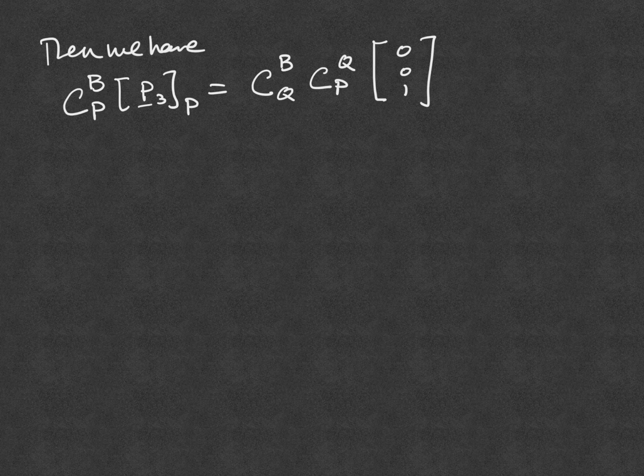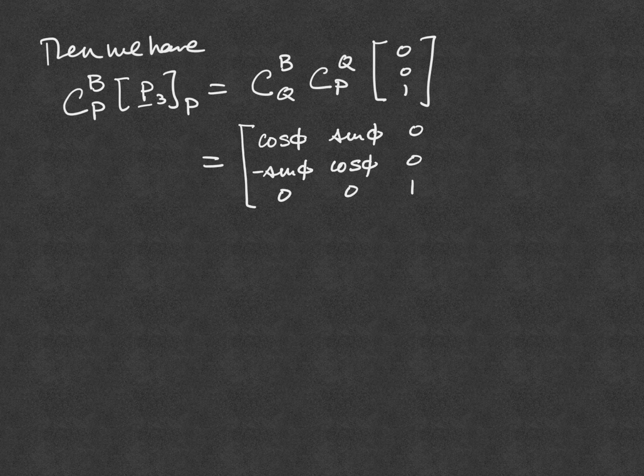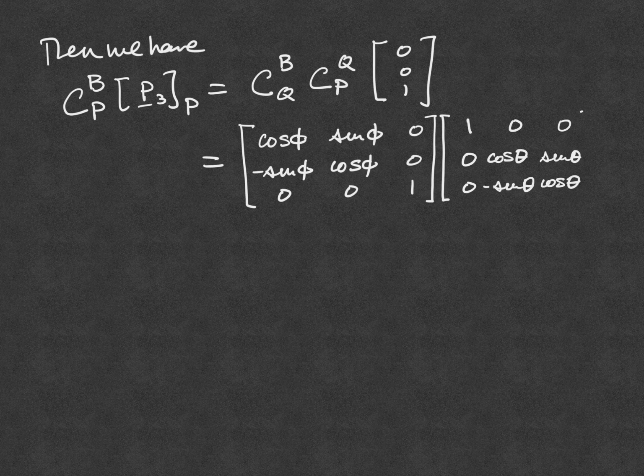That is equal to the matrix cosine of phi, minus the sine of phi, 0, sine of phi, cosine of phi, 0, 0, 0, 1, multiplied by the matrix 1, 0, 0, 0, cosine of theta, minus the sine of theta, 0, sine of theta, cosine of theta, times 0, 0, 1.